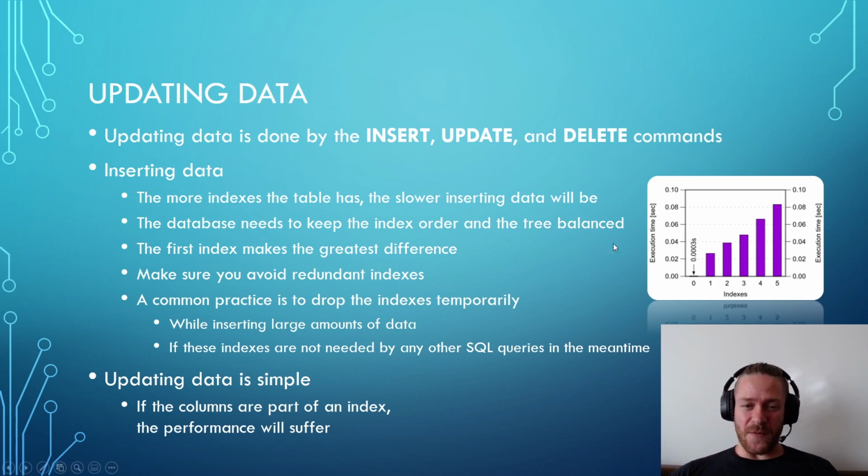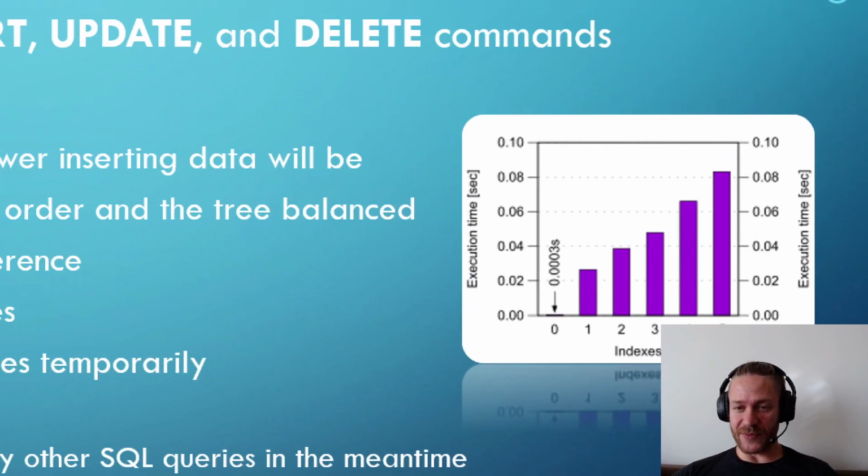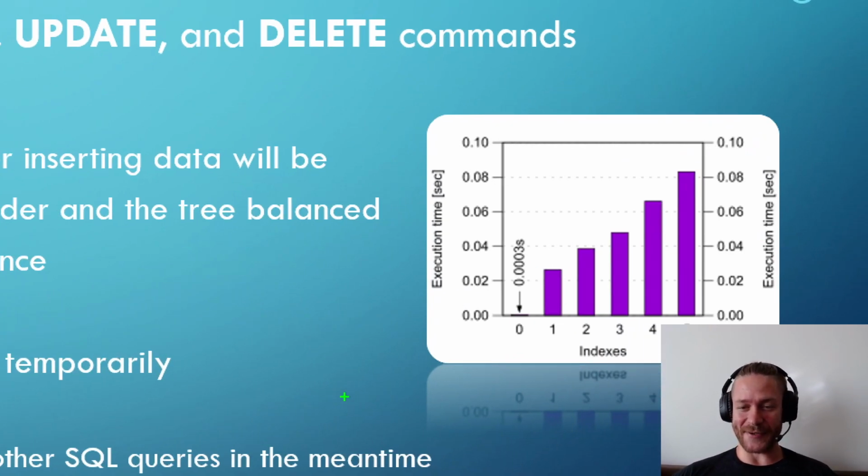In terms of performance, the first added index makes the greatest difference. Here is a graph which shows the amount of indexes and the execution time depending on the number of indexes. So the first added index makes the most difference.